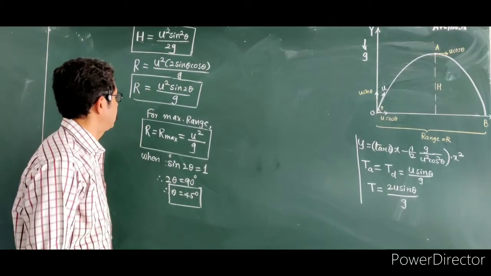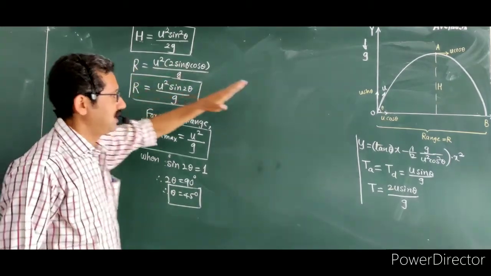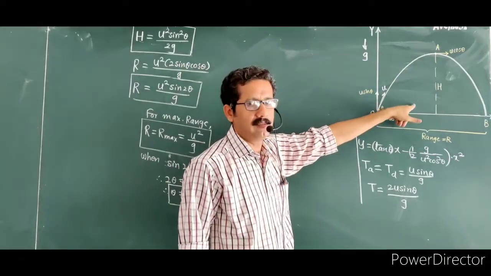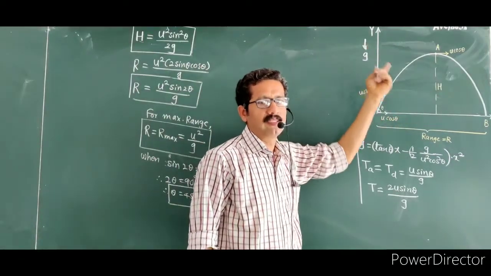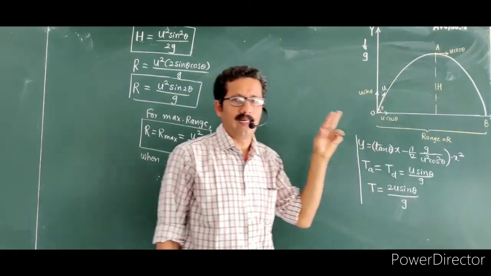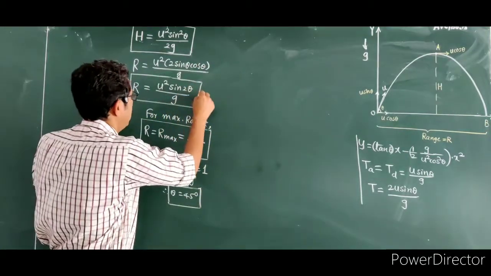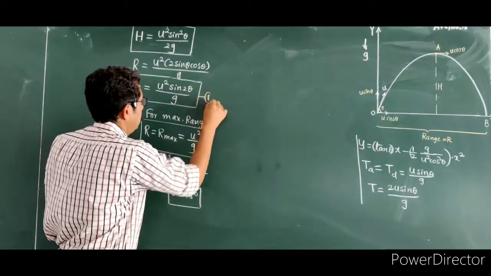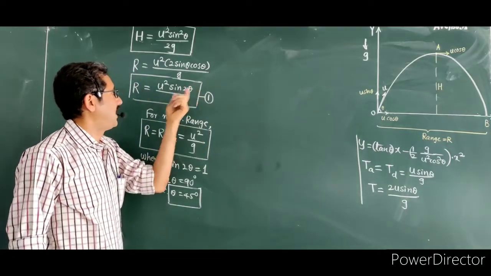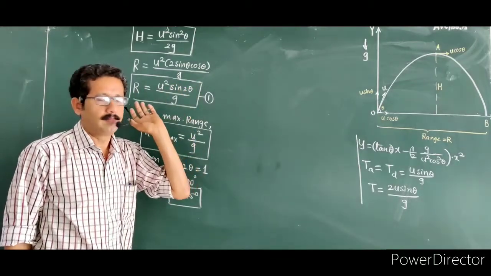The second thing I understand is that I can have this theta, supposing I am throwing this object initially with, let us say, 20 degrees once and later on with 70 degrees. The angles of projection, if they are complementary: initially I have thrown this object at some particular angle of projection called theta, and the range is R equal to u squared sine of 2 theta upon g.